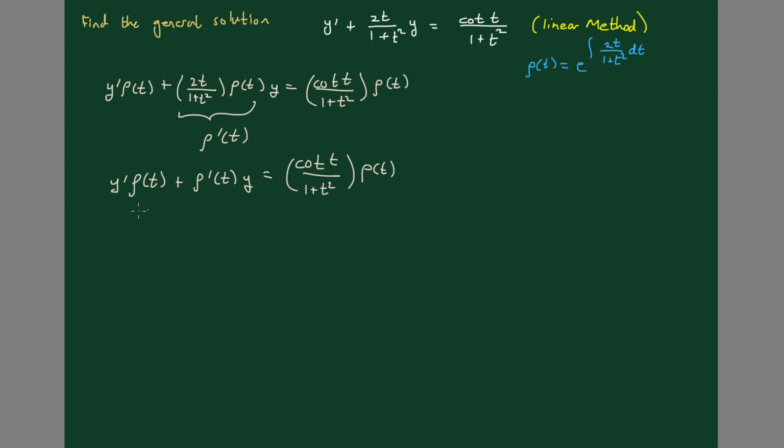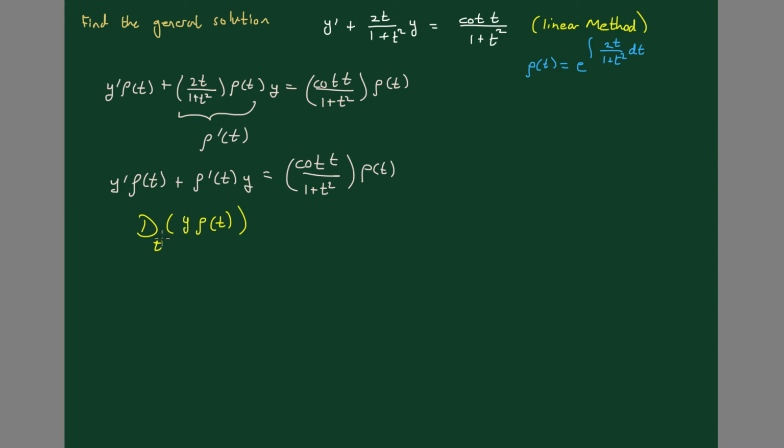And if you notice, this whole left-hand side now looks like a derivative. A derivative of what? It looks like the derivative with respect to t of y times rho of t, because if you take the derivative with respect to t of y times rho of t, you end up with y prime multiplied by rho of t plus rho prime multiplied by y.